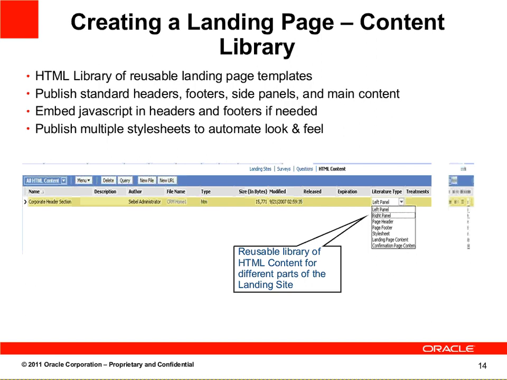You create the document once, and you can reuse it as many times as you need. You can also have JavaScript embedded in those HTML documents. To change the look and feel of the pages, you can create different style sheets. And we will have a very simple example on how to use style sheets on our landing page.